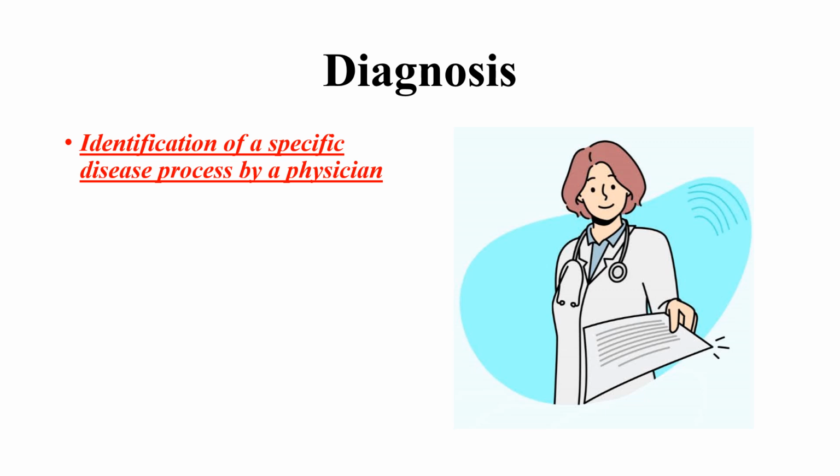For example, during COVID time, the patients complained of high fever and breathlessness. What did the doctor do? The doctor advised a rapid PCR test. And if it was positive, the doctor came to the conclusion that the patient is suffering from COVID. That is your diagnosis.